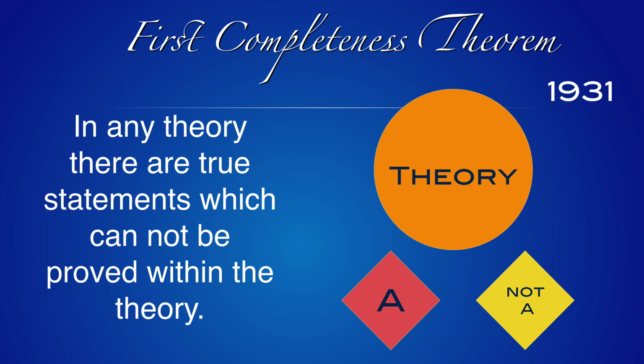He proved two theorems. The first incompleteness theorem tells that in a strong enough theory, there are statements which cannot be proven within the theory. So what it means is you can build a statement A, which you can include in the theory, and you get a consistent extension, or you can take the opposite. You can assume not A and add it to the theory and get, again, a consistent extension.